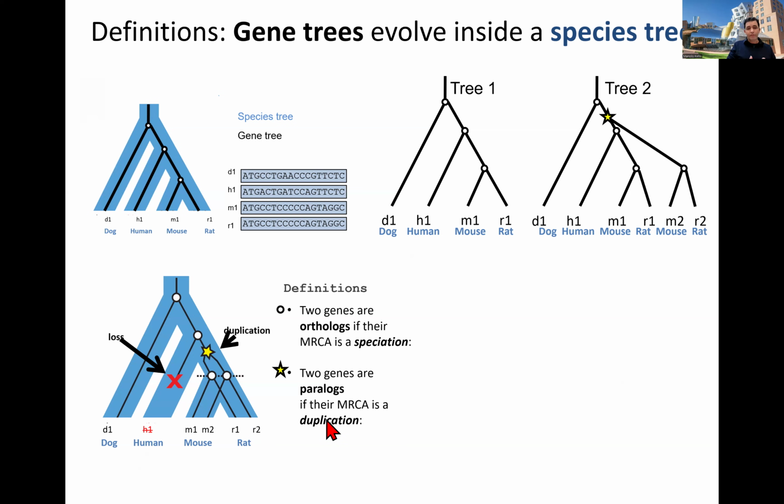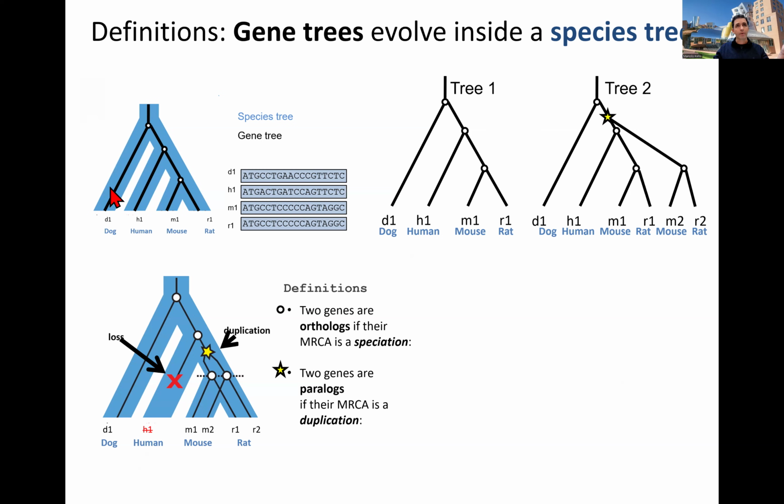So now I want to define what are orthologs and what are paralogs. For this, I better have A, a correct phylogeny, and we're going to worry about that. B, a correct species tree, and we're going to worry about that as well. And C, a correct mapping of my gene tree to my species tree.